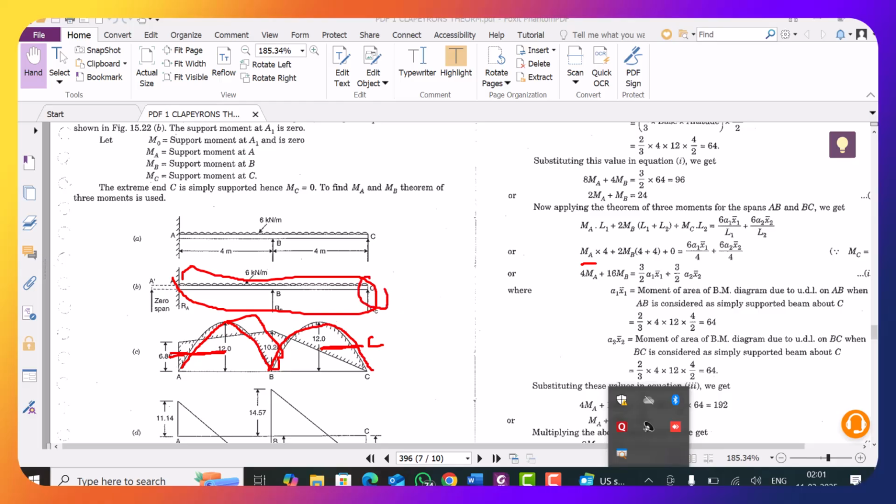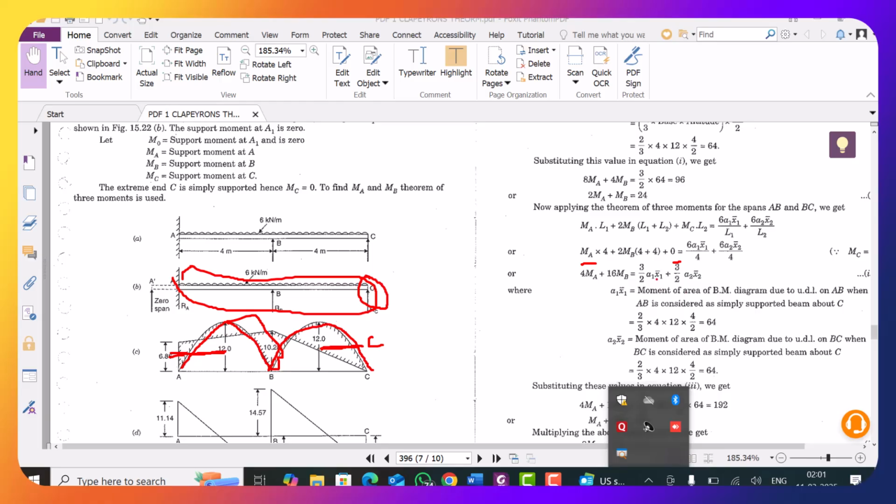As I have explained in my earlier lectures also, at a simple support at the end, the moment will be equal to 0. So MC into L2 is equal to 0, and the right side is 6 A1 x1 upon L1 plus 6 A2 x2 upon L2. You put the values of L1 and L2, that is 4 and 4, right? Because now you are considering the span ABC.